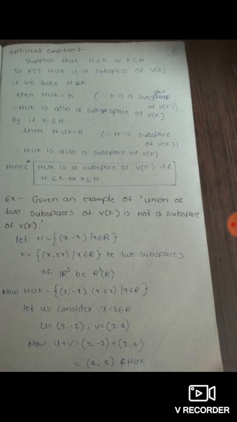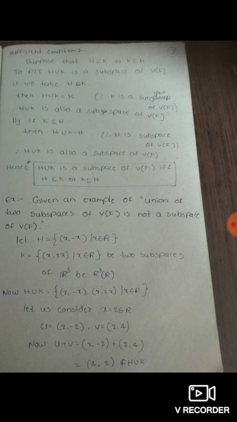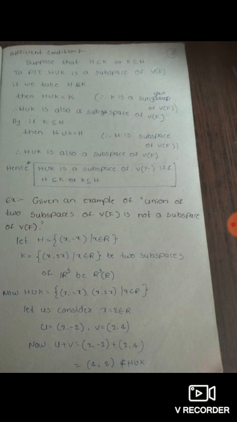That means, for the union of two subspaces, first we take H as (x, -x) and K as (x, 2x). Let us consider x value 2. Automatically u is (2, -2) and v is (2, 4). Now u plus v is (2, -2) plus (2, 4). The first terms, 2 plus 2, give 4, and -2 plus 4 gives 2.